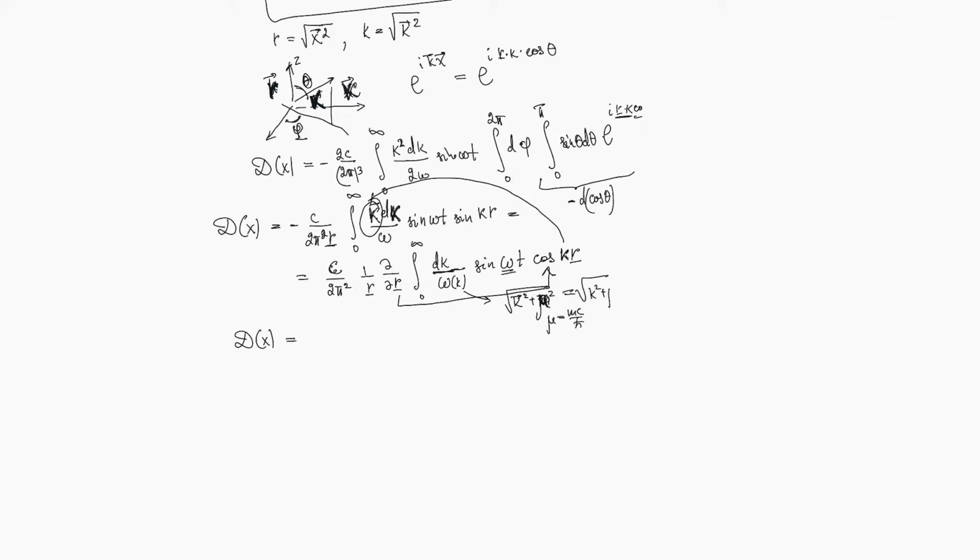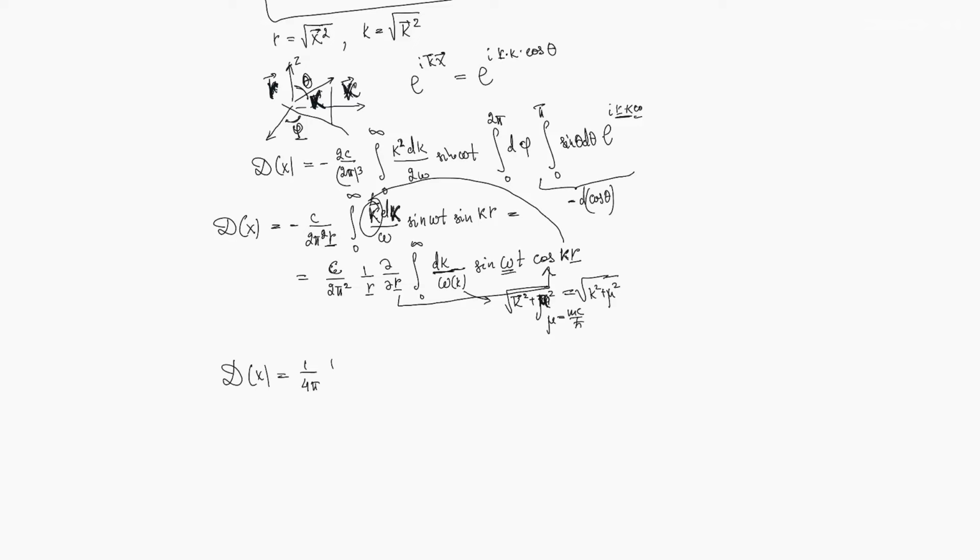And so explicitly, D on x, if I substitute this expression for omega, takes the following form: 1 over 4 pi, 1 over r d over dr, integral.